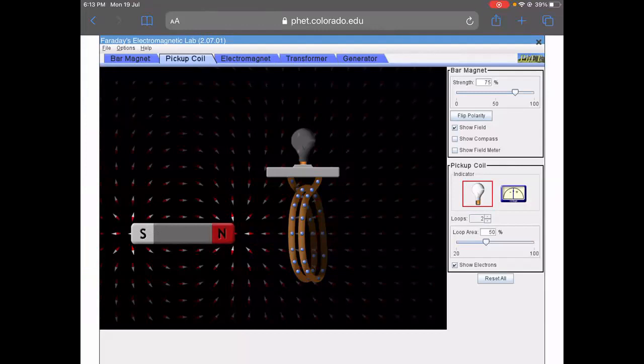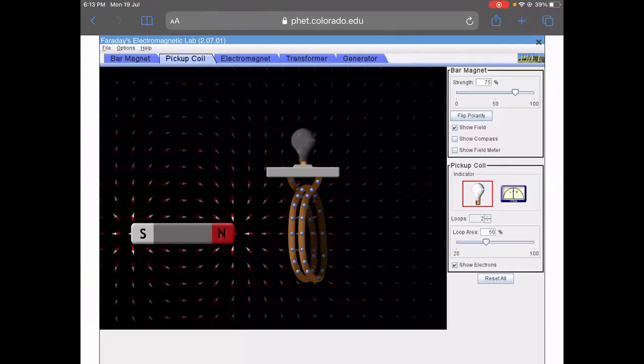You're able to see a coil, right? And those blue dots on it are electrons. And what is there on the left of it? We have a permanent magnet, right?